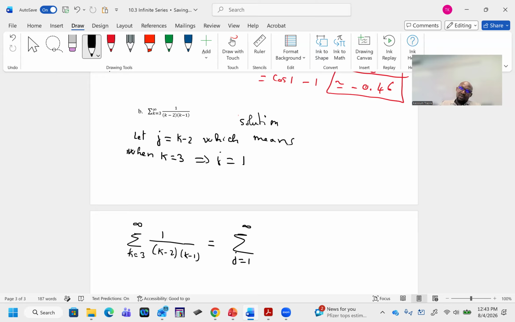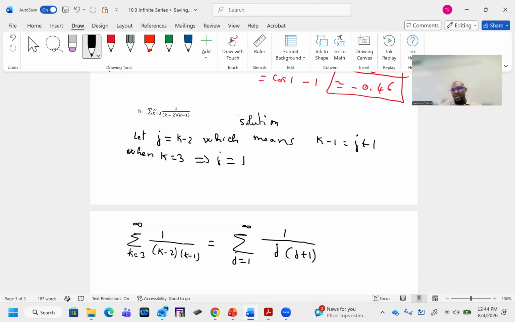We said what? G is equal to k minus 2. So that means we'll have 1 divided by g times what? G plus 1. Because if g is equal to k minus 2, this also means k minus 1 will be g plus 1, because if you add 1 on both sides, it's the same thing, okay?